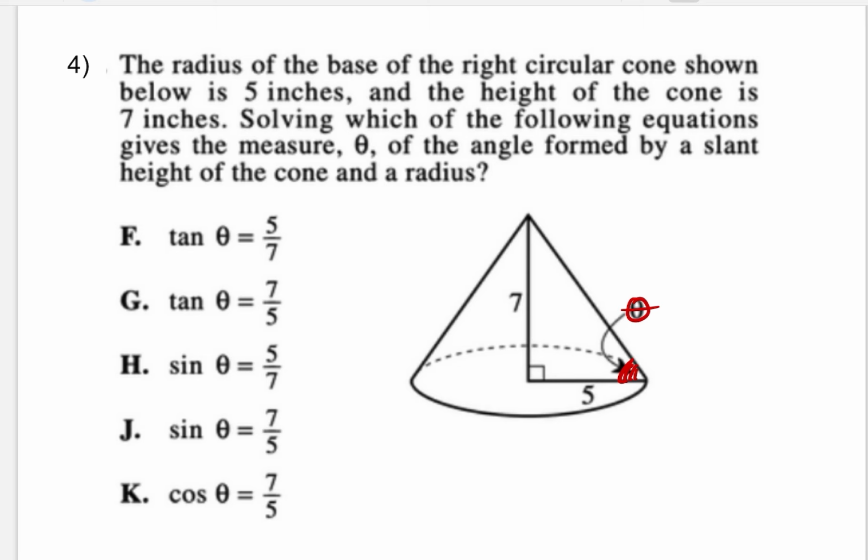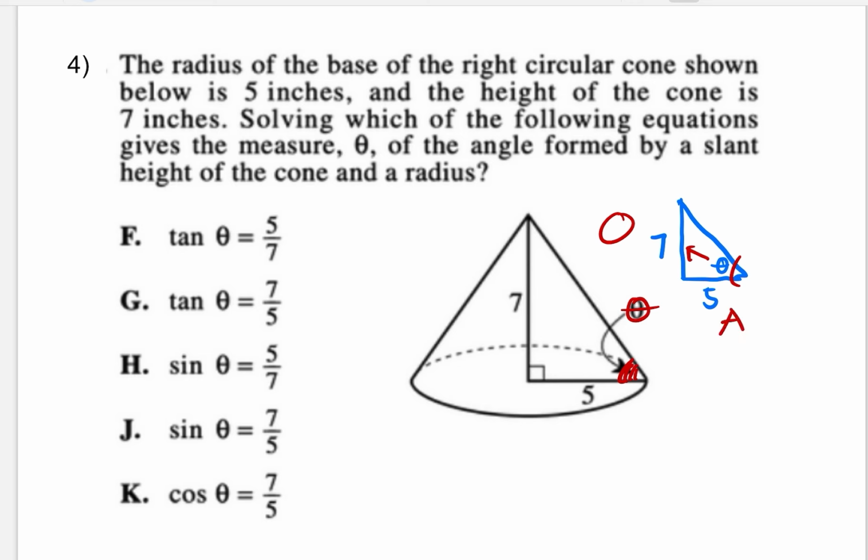If you are going to simplify the problem, if we just focus on that right triangle, we will have this angle here, which is labeled theta. The base is going to be 5 inches and the height is 7. So if this is our focus, our angle is here and 7 is opposite to the angle, and 5 is adjacent.